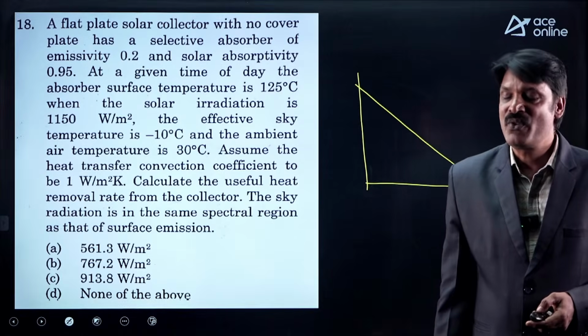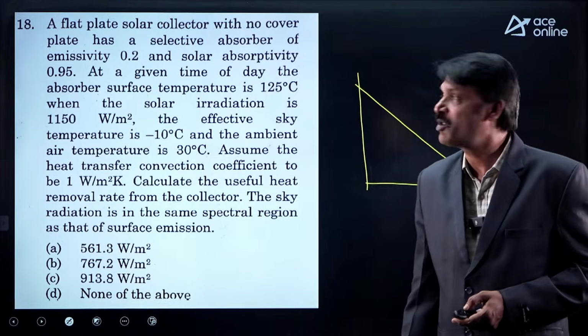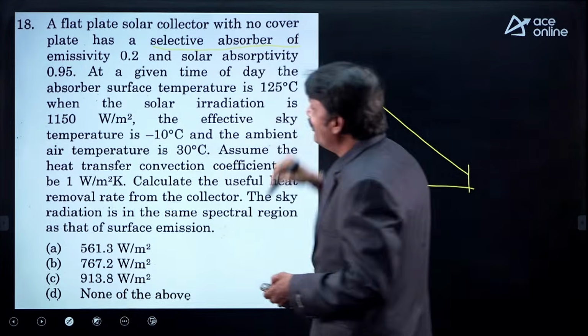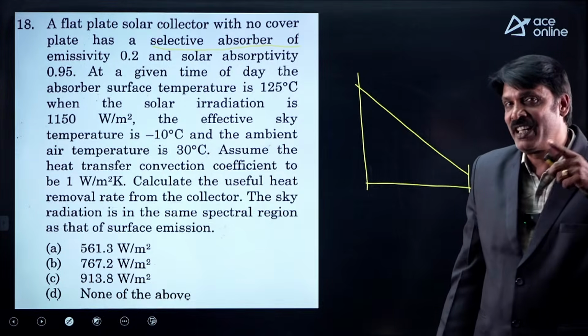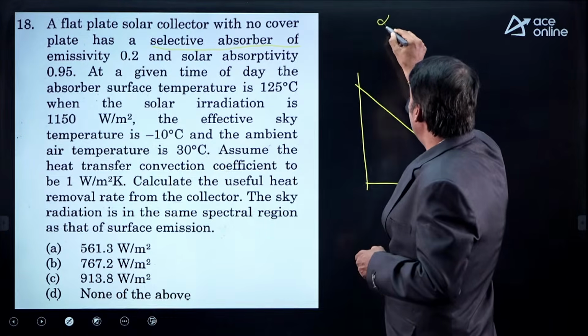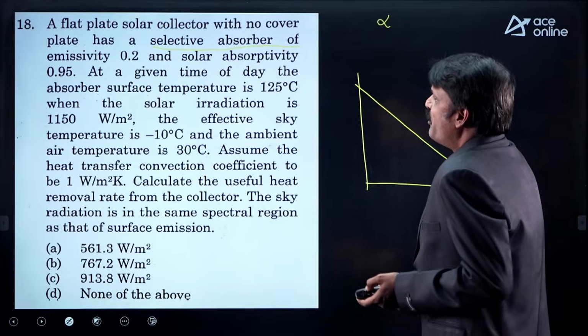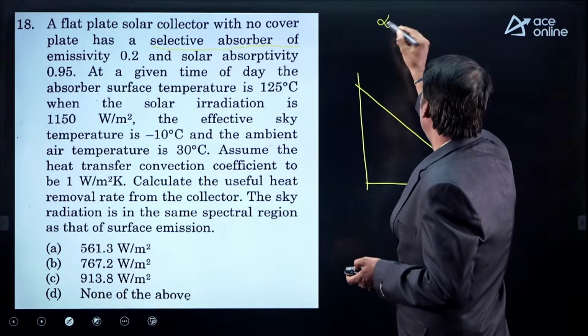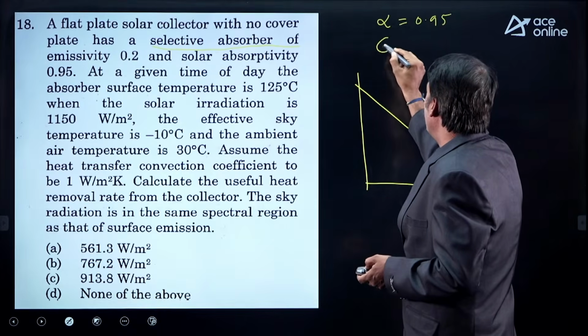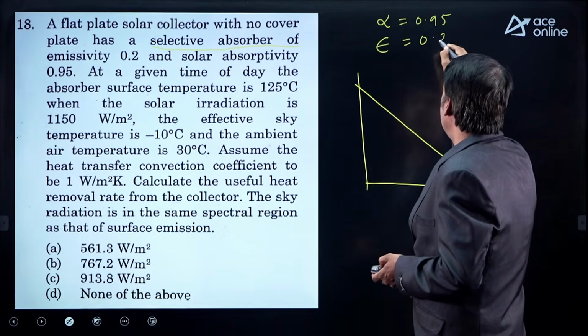See, whenever you talk about this absorber, he is telling that it is a selective absorber, so that depends upon the wavelength of the radiation, with absorptivity 0.95 and emissivity 0.2.